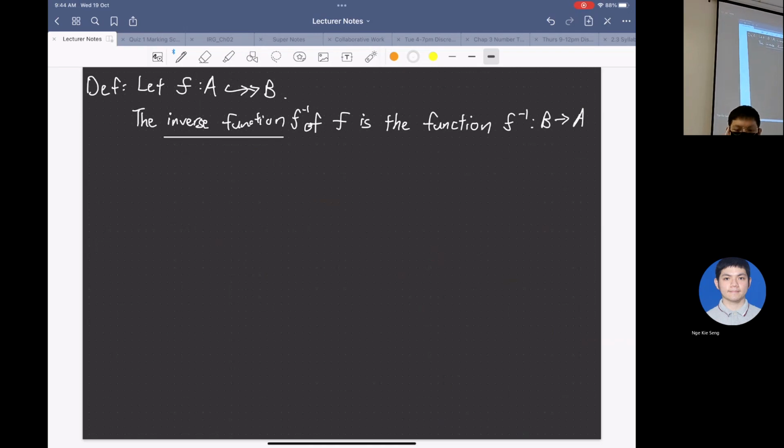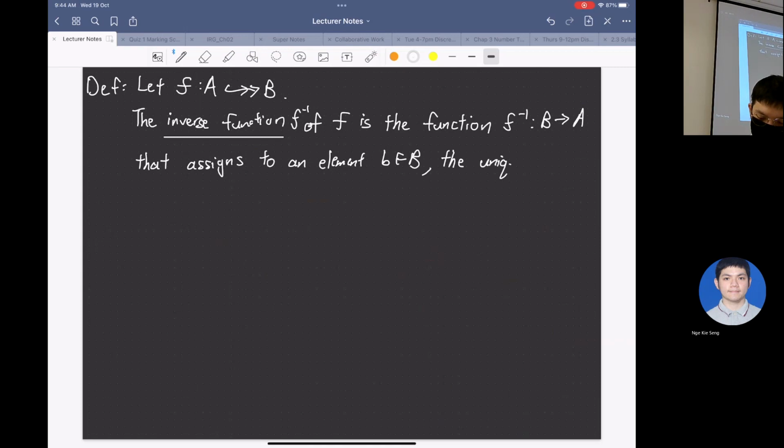So that means you give me a B, I need to give you an A. So how do I give you this A? It should be defined by assigning to an element b in B the unique a in A such that f(a) equals b.